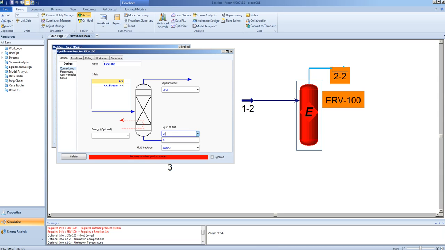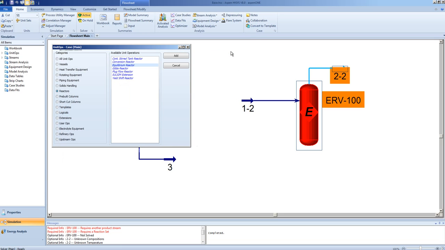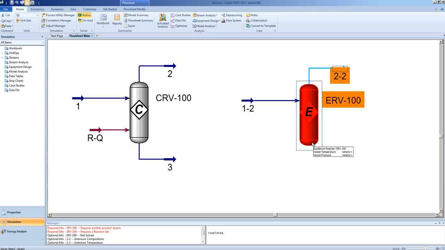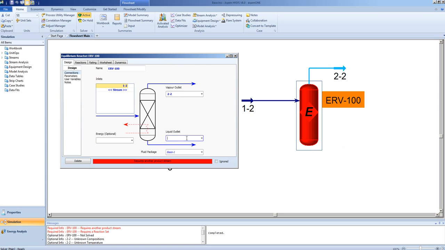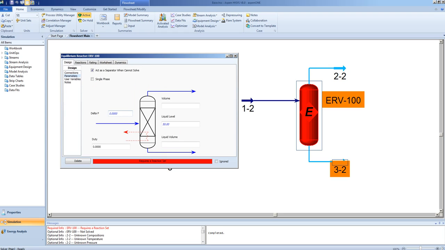Sometimes HYSYS is a little bit buggy. Three dash two. Right. Okay. Now that we have set up the reactor, we will leave the delta P for now at 0.